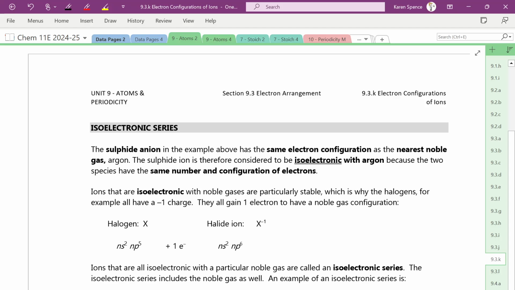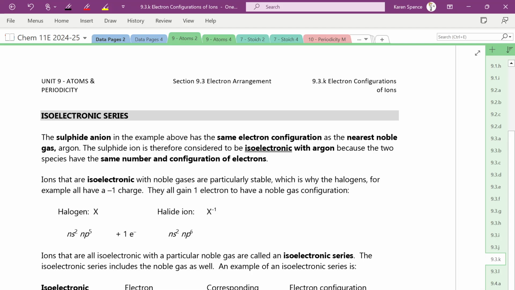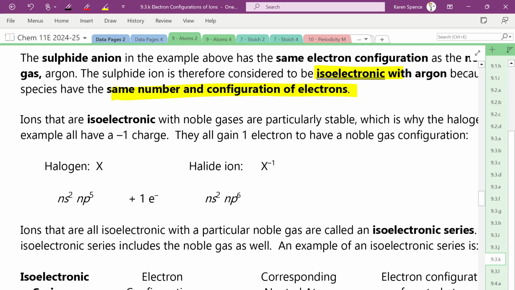Look, an isoelectronic series. Sulfide is isoelectronic with argon. It means it has the same number and configuration of electrons. So we can write an isoelectronic series, all the ions that have the same configuration.